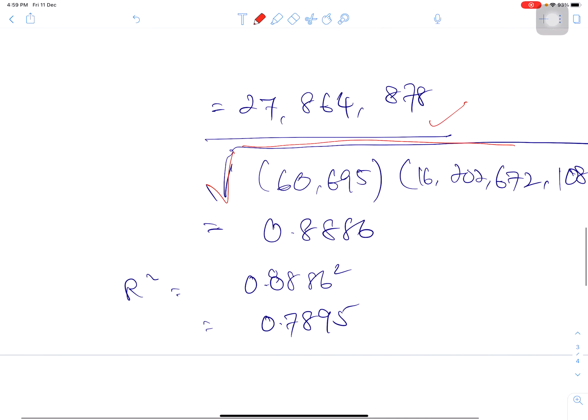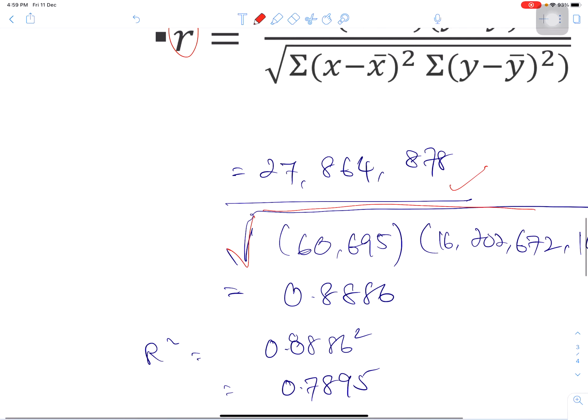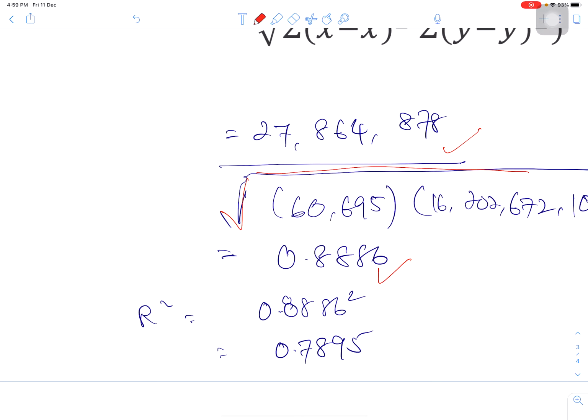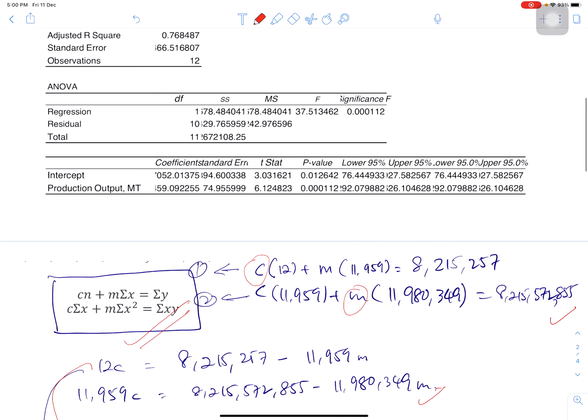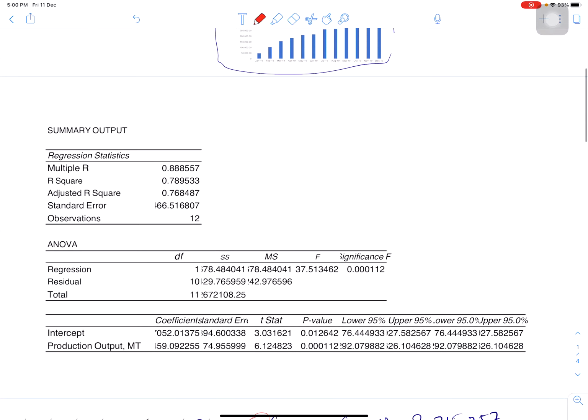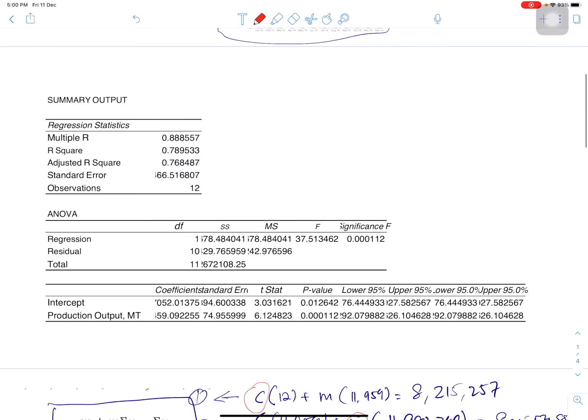Now you have the R value equal to 0.8886. Now to find the R square, you square it and you will get 0.7895. To check whether our value is correct or not, this is the technique that I taught you yesterday. So the R square value is 0.789, correct.